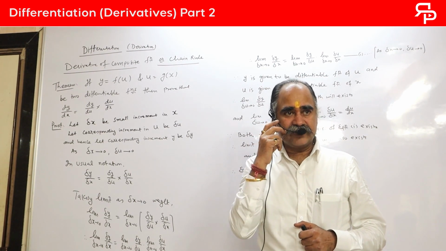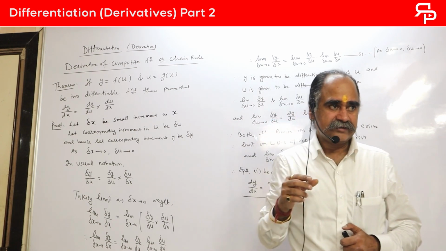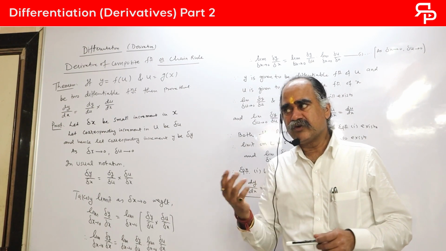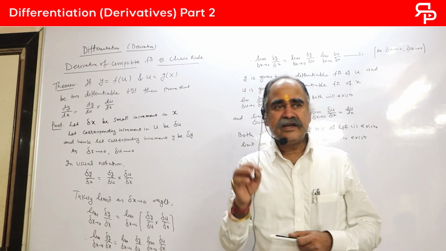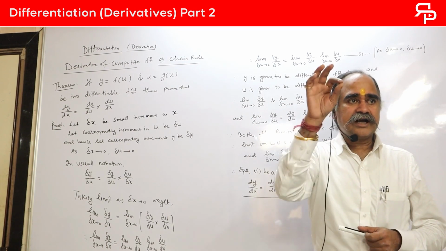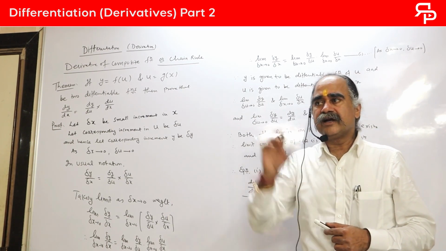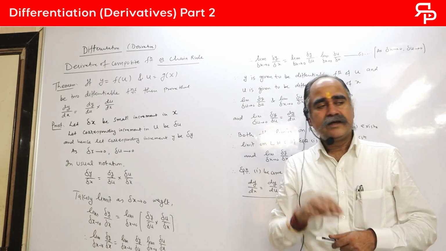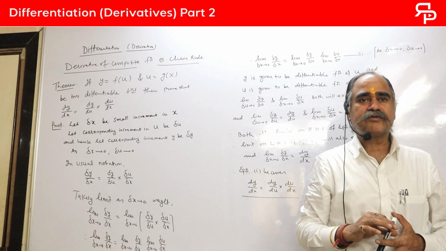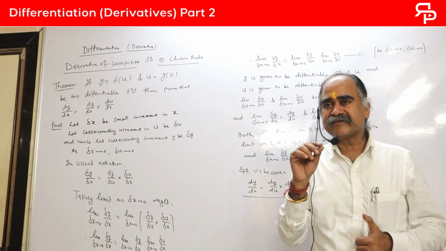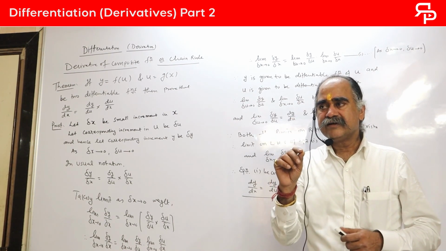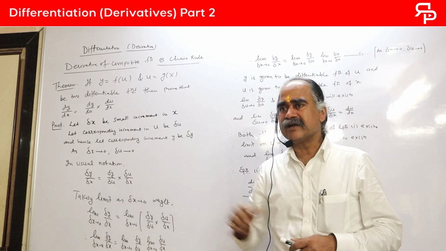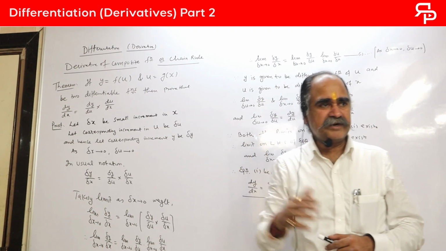As delta x tends to 0, that is, there is no increment in x, then delta u also tends to 0. There will be no increment in u.